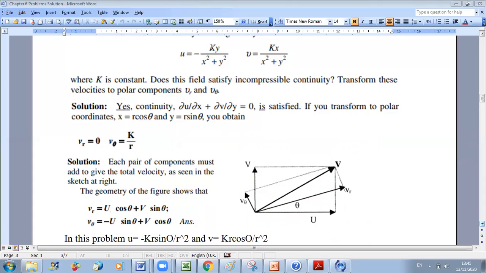I know that the V vector is divided in rectangular components into U and V. So if I want to move to VR and V theta, the component of the velocity vector along UR will be equal to the projection of U on UR plus the projection of V on UR, okay? So I should do the summation of both.